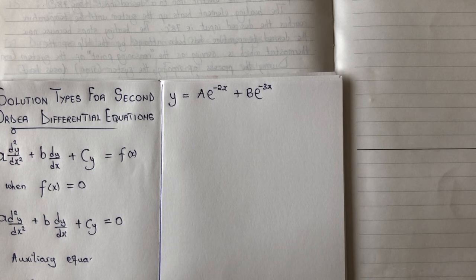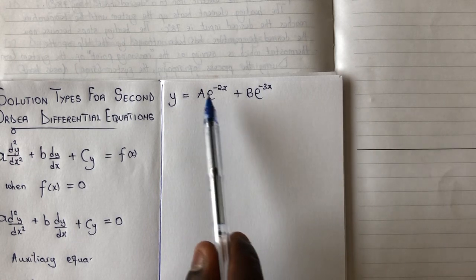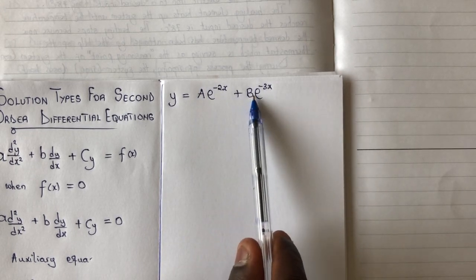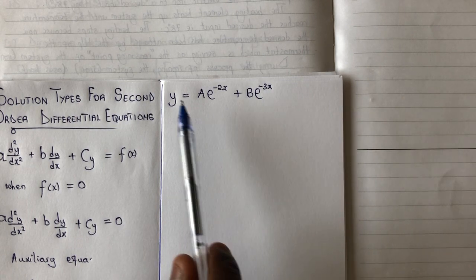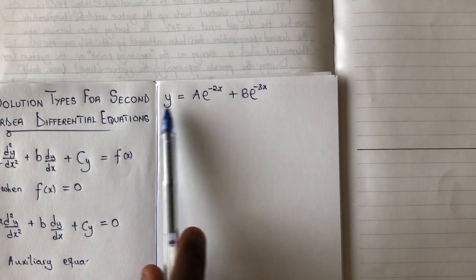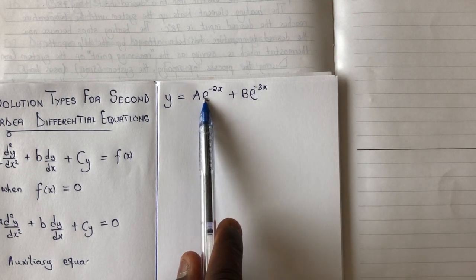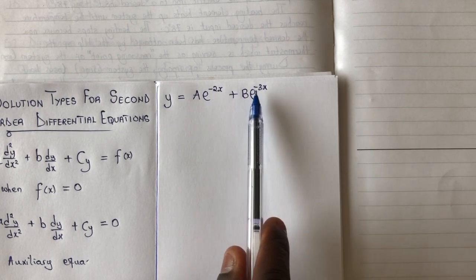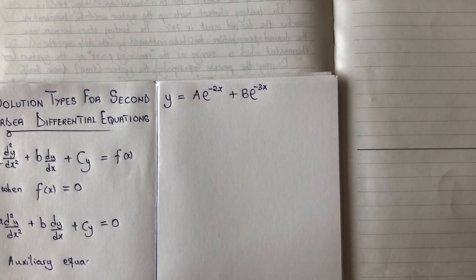Maybe you may be asking, why did I write the solution using arbitrary constants? In the beginning, I told you that for me to prove to you that the solution will be in terms of a exponential function, this and that, is very cumbersome. So I will not be able to talk about it.